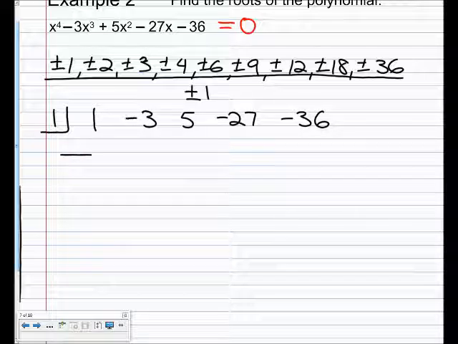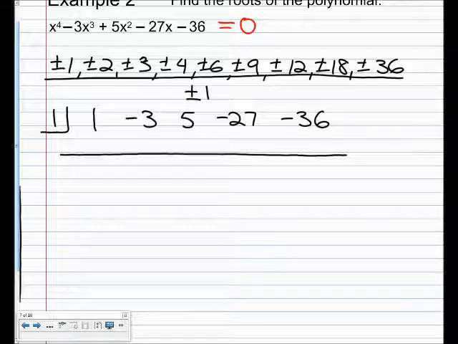I'm going to draw my line. And I'm hoping, I'm praying to the gods of math that I get 0 in my remainder. If I don't, then 1 is not an answer, and I try again.